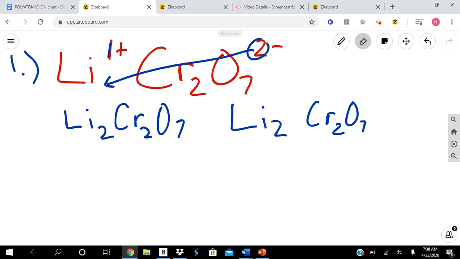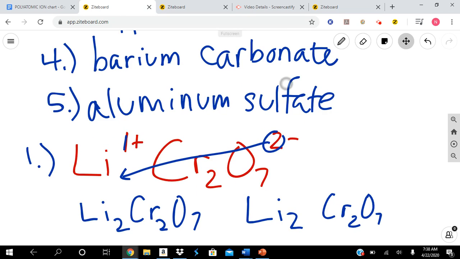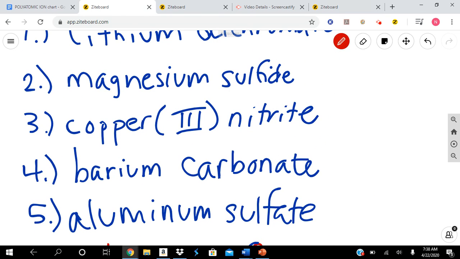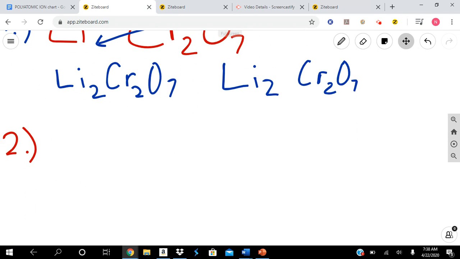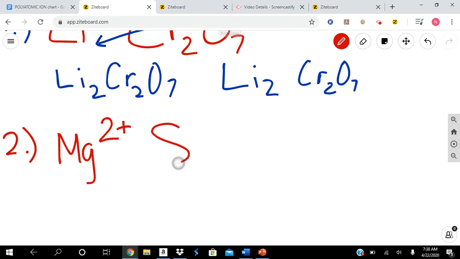Okay. Next we have magnesium sulfide. So sulfide clues you in that you're not using a poly. You're using something from the chart. And this is one of the very first things that we learned how to do. Magnesium sulfide.